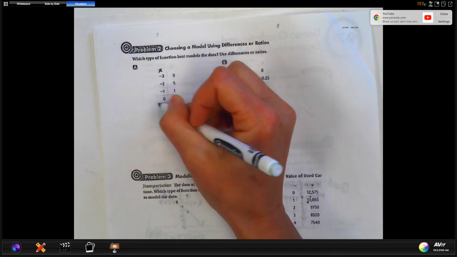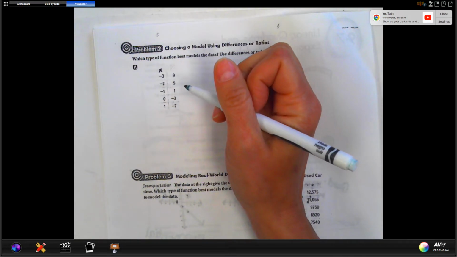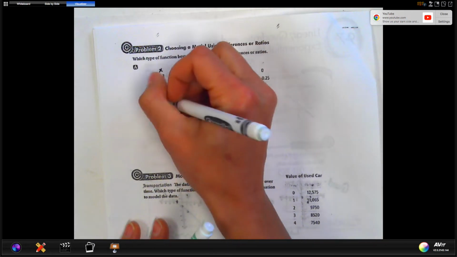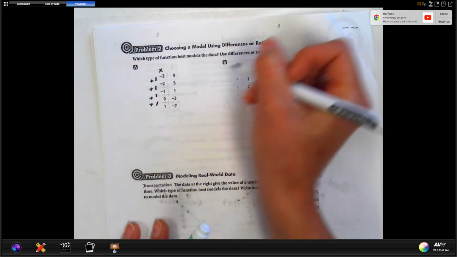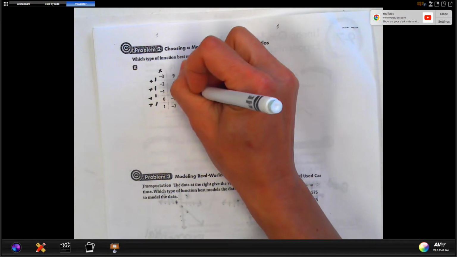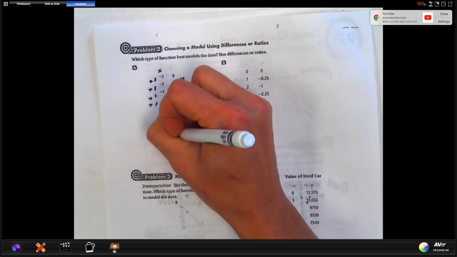So for A, our x value, what's happening here? Every time, for the x value, what is it doing? Adding by 1 each time. That's super important that we can see that. What's our y value doing? It's subtracting by 4 each time. So it's linear. That's right. So this one is linear.